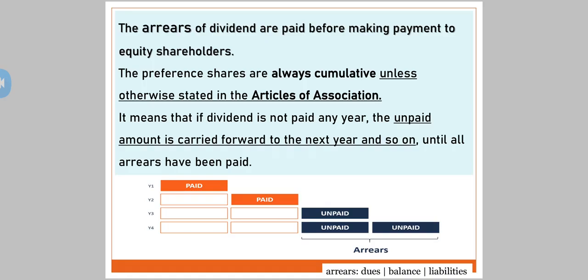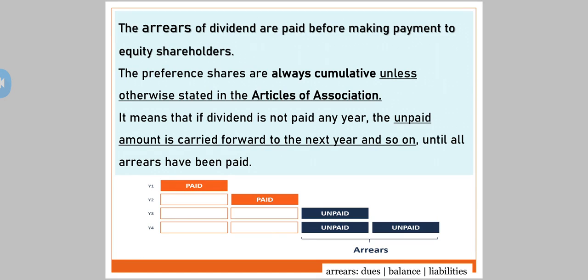See, the preference shares are always cumulative unless and otherwise stated in the articles of association. All the preference shares are cumulative unless it's said in the articles that it is not a cumulative preference share. It may be any other, but it should be mentioned in the articles of association.